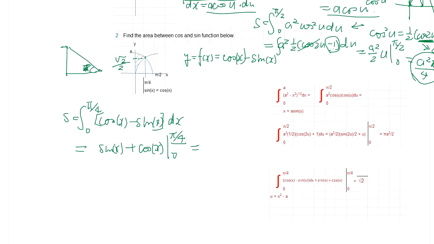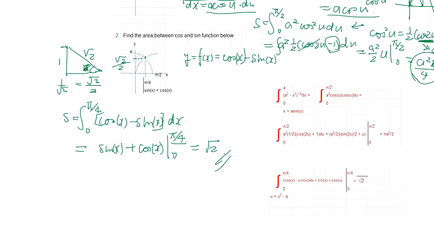This height, the ratio, isn't it? So it's going to be square root of 2, is that correct?